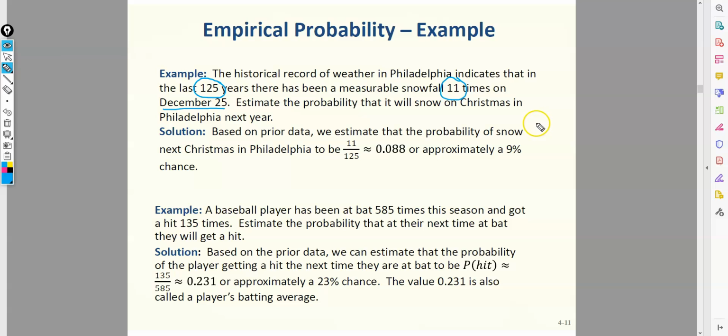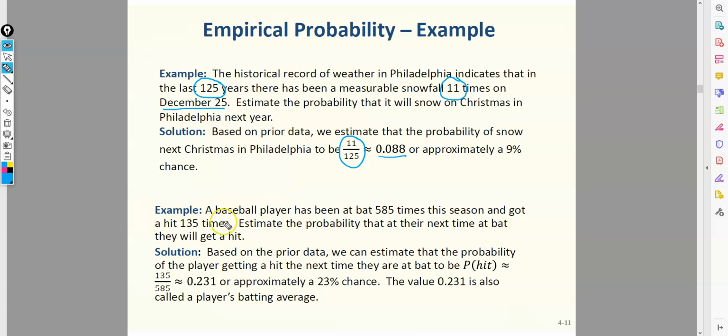So we can estimate the probability that it will snow on December 25th in Philadelphia next year to be 11 divided by 125, or 0.088. That's our probability. And if we convert that to a percent, that would be approximately a 9% chance.